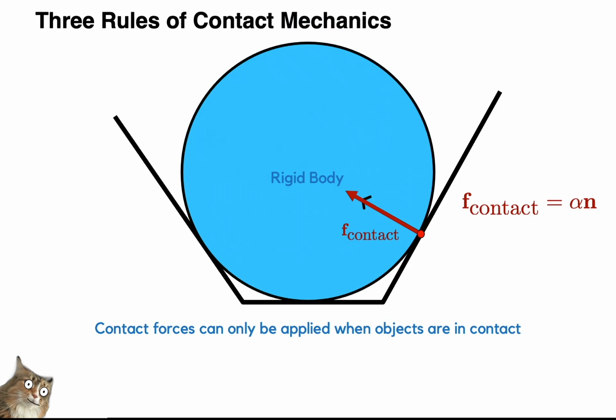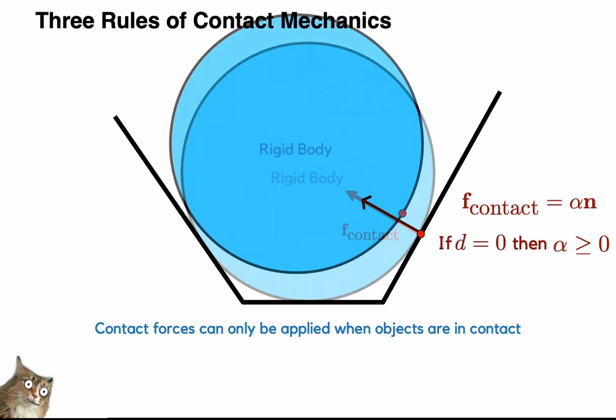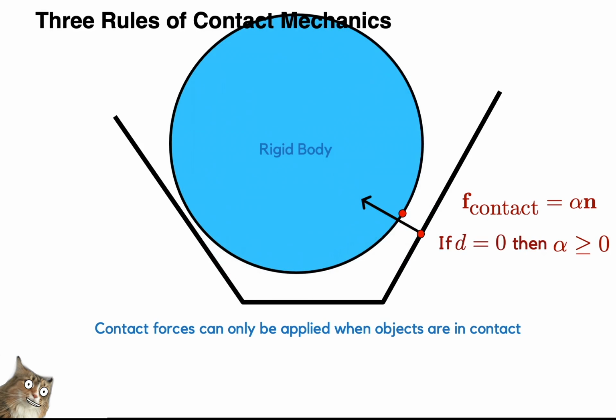We know that if our objects are in contact, then we might need to apply a contact force to prevent further interpenetration. In other words, when our signed distance at the contact point is 0, then our contact force can be turned on, or alpha can be greater than or equal to 0. Otherwise, if the objects are not in contact, the signed distance between our objects will be greater than 0, and our contact force, i.e. alpha, should be 0.